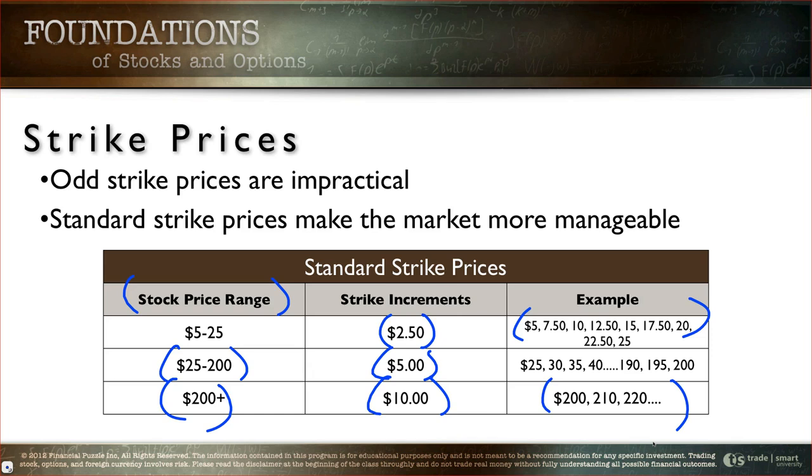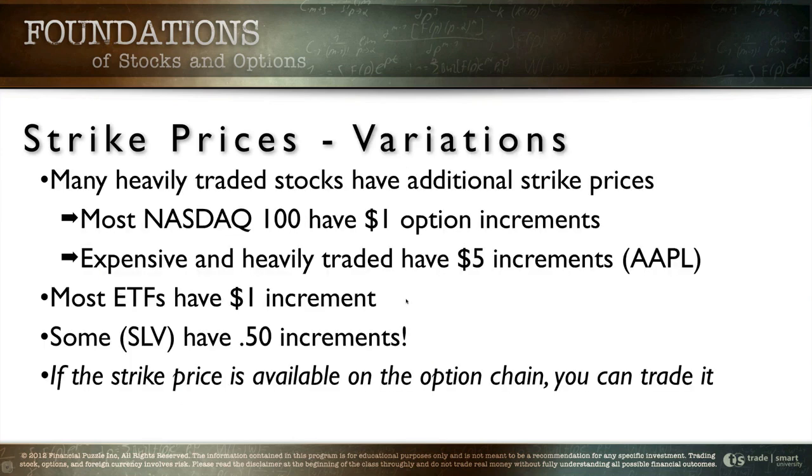Now, I call them standard because for whatever reason, there are some non-standardizations. And here's the funny thing about it. If you go to cboe.com right now and dig for a while, you'll find the document on strike prices, and they actually say that their strike prices are $5, $2.50, or $10 increments.